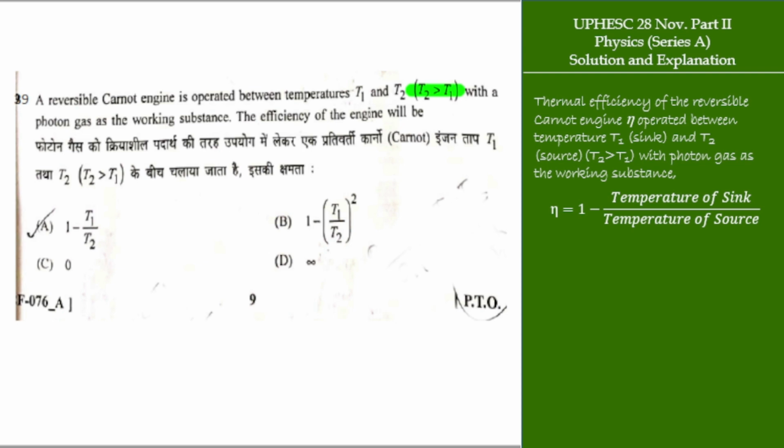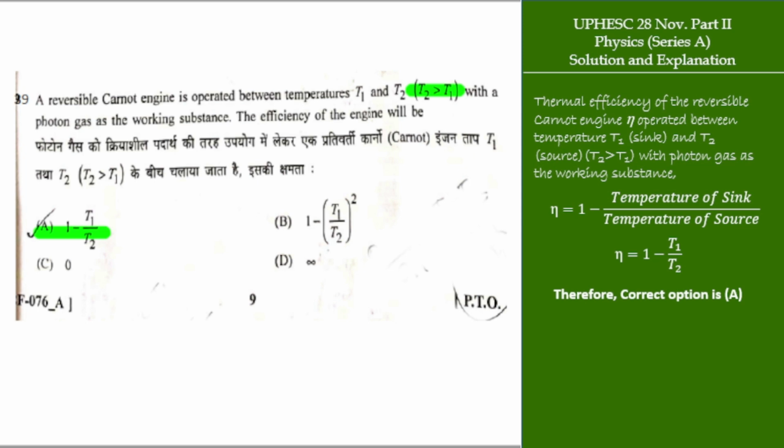Now here the reverse situation is given, so the formula will be 1 minus T1 upon T2. So the correct option for this question is option A, 1 minus T1 upon T2. It is the thermal efficiency for any Carnot engine.